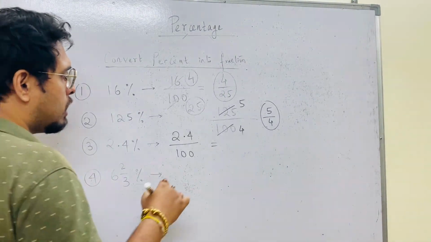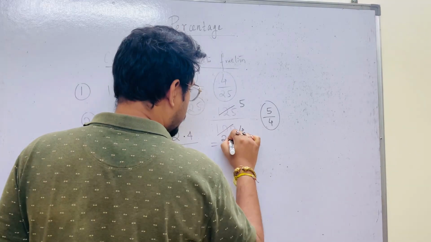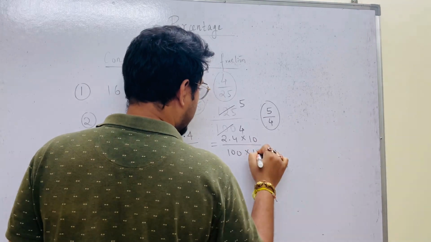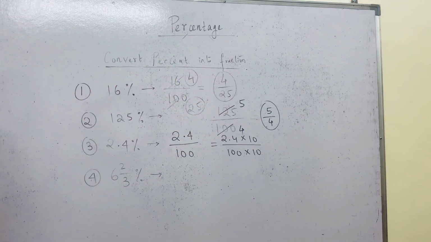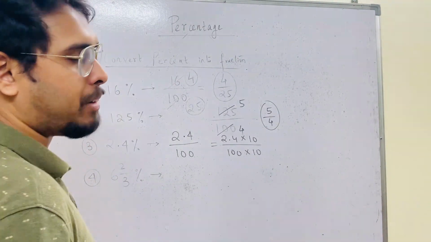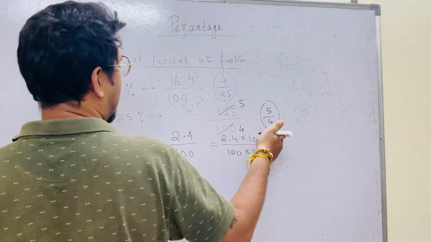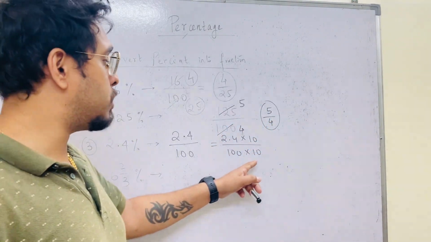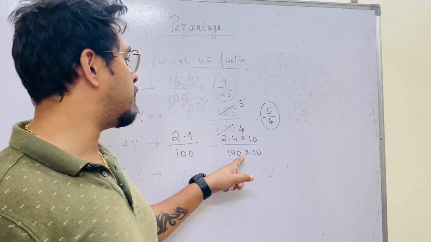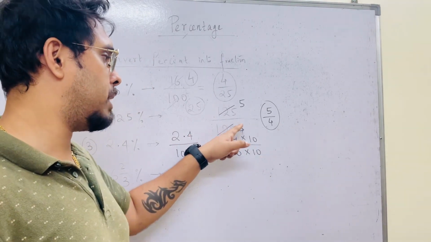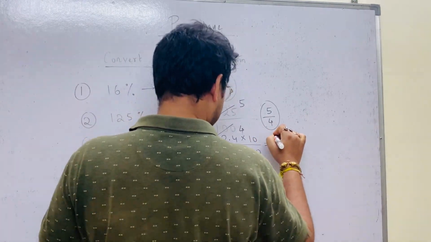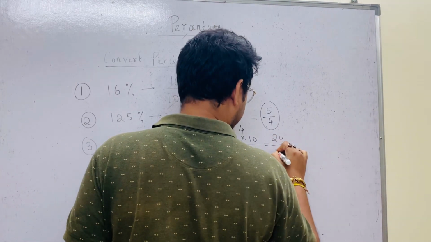We can multiply both 2.4 and 100 by 10. 2.4 times 10 becomes 24, but you have to multiply 100 by 10 also, because if you multiply anything to the numerator, you have to multiply the same number to the denominator so that the fraction remains as it was. Now the answer is 24 over 1000.